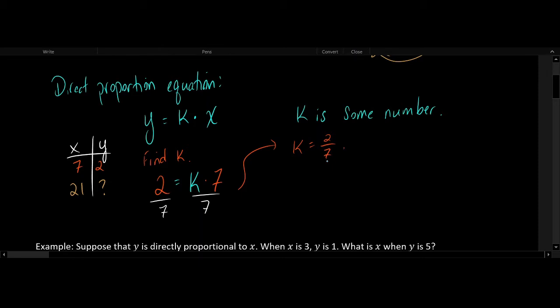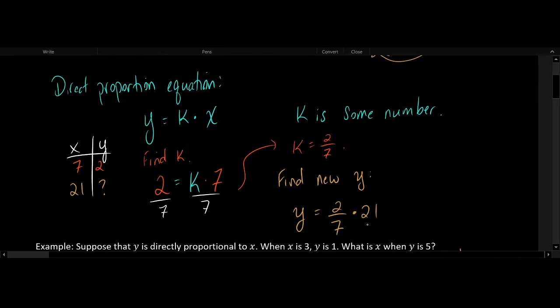Now once we have figured out the value of k for this problem, we can use k and the given x to find the new y. So y, whatever it is this time, is equal to the k value for this equation multiplied by the x value of 21.